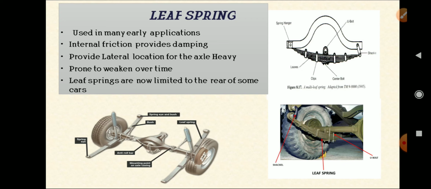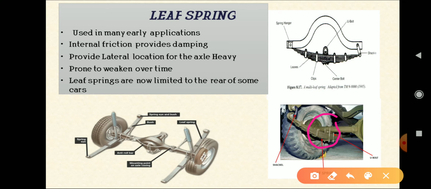Leaf springs are now limited to the rear of some cars. Most leaf springs are classified as with or without eyelet, with or without center band. For heavy structures we can use the leaf spring.